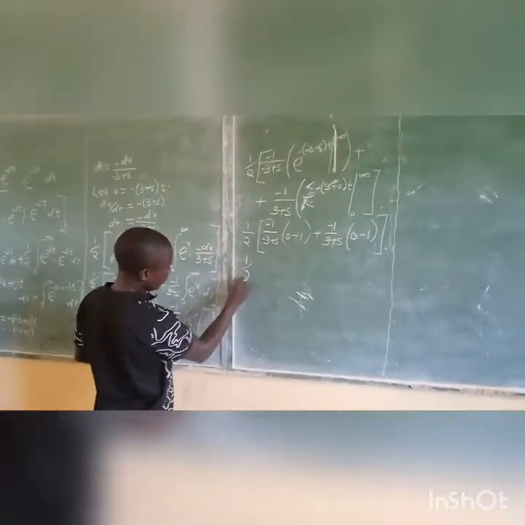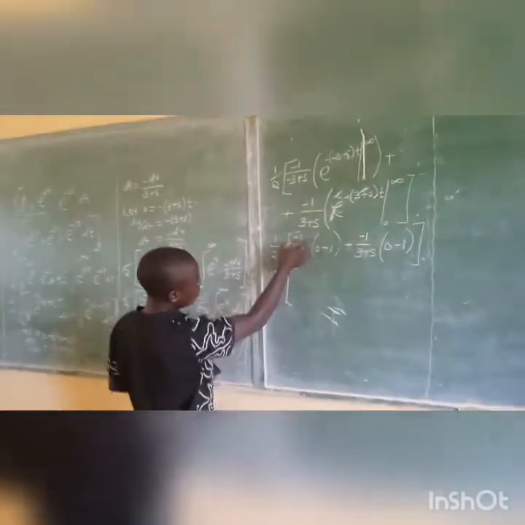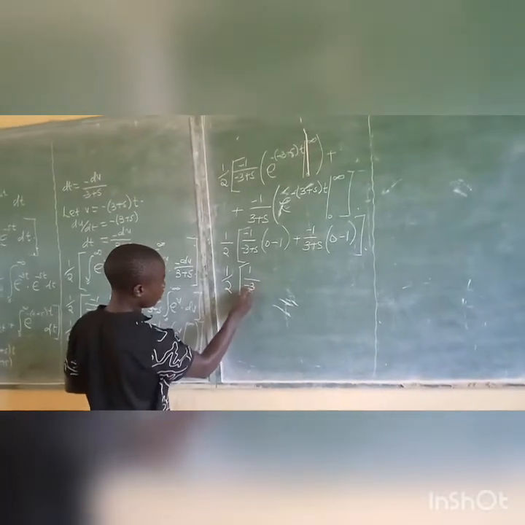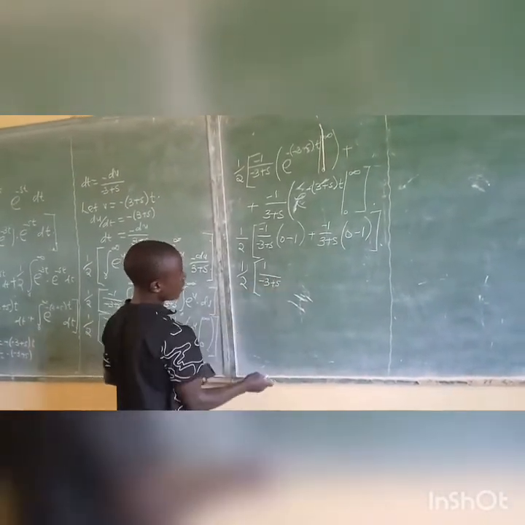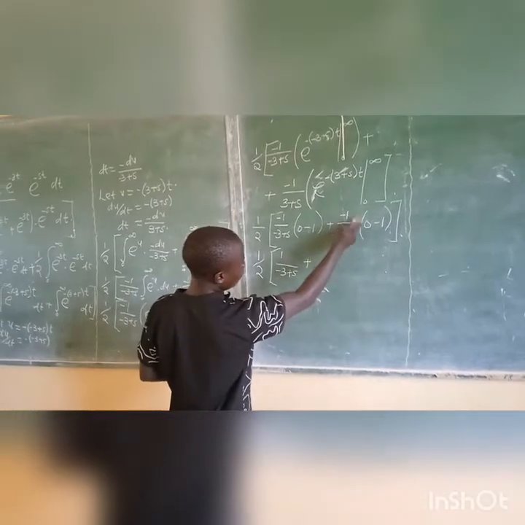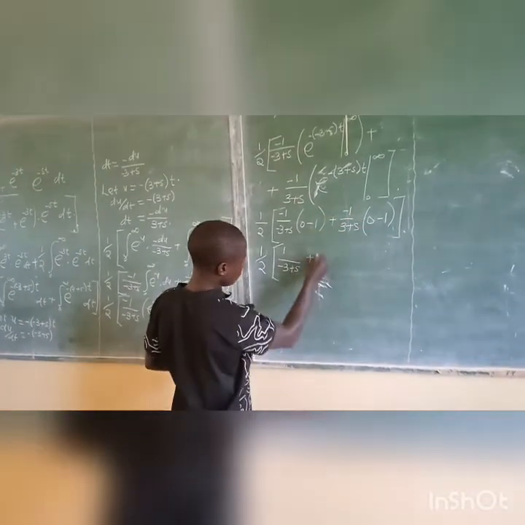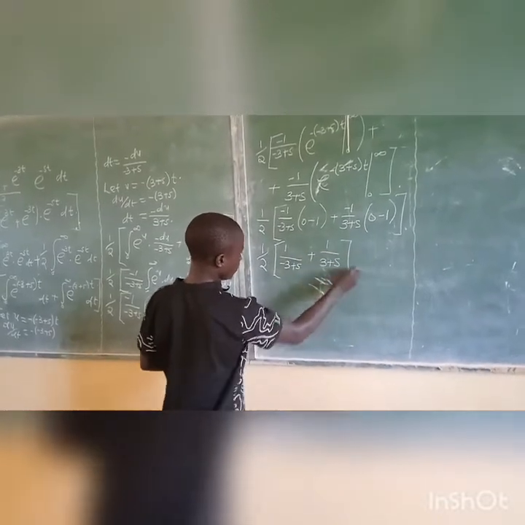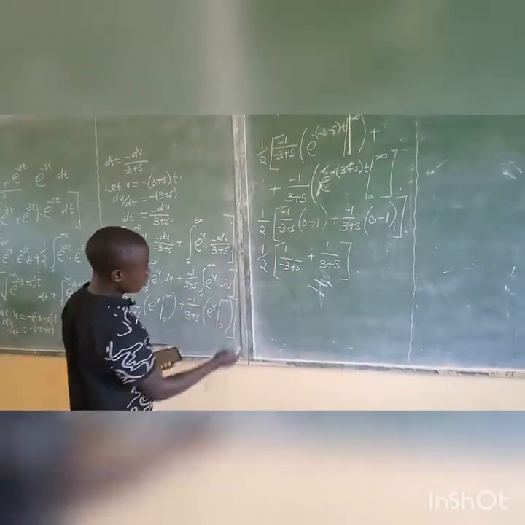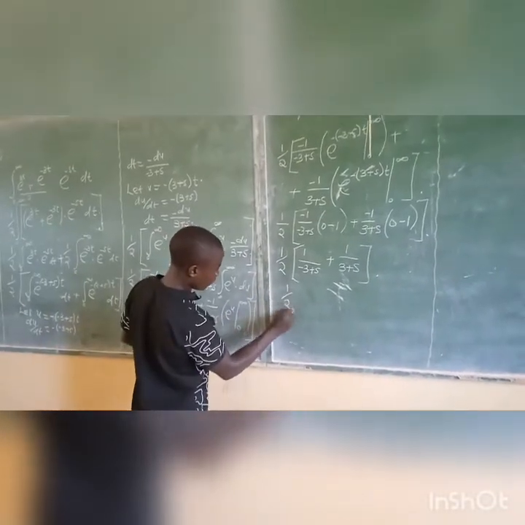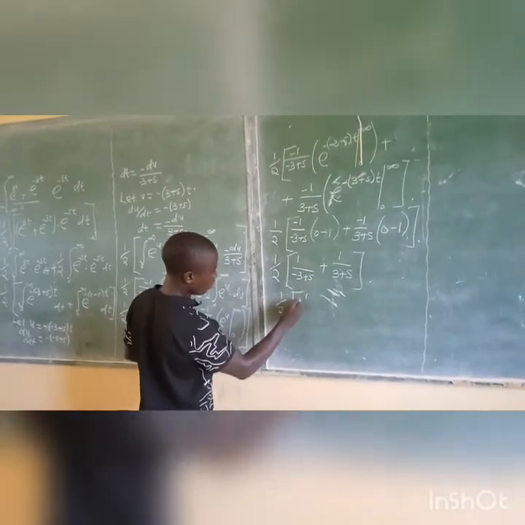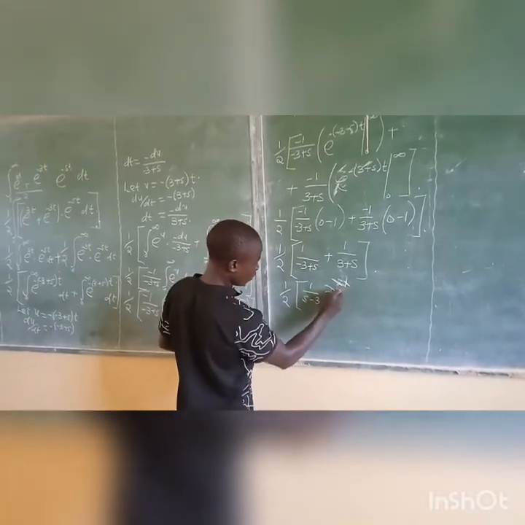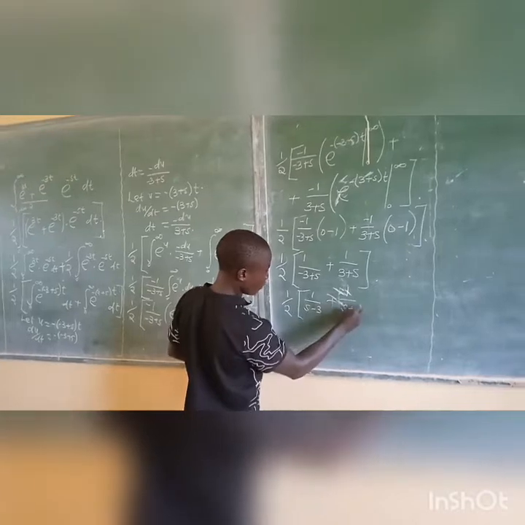So it will be a half, multiplying this, 1 over negative 3 plus s, then plus, there is a negative here, so it will be 1 over 3 plus s. This is same as a half into 1 over s minus 3 plus 1 over s plus 3.